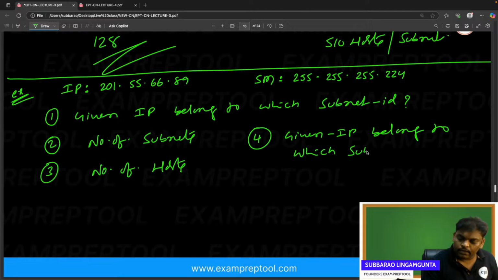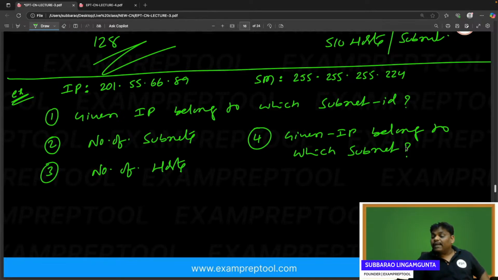These are the 4 questions. Given IP belongs to which subnet ID? Number of subnets how many? Number of hosts per subnet how many? Given IP belongs to which subnet? First subnet or second subnet or third subnet or fourth subnet?